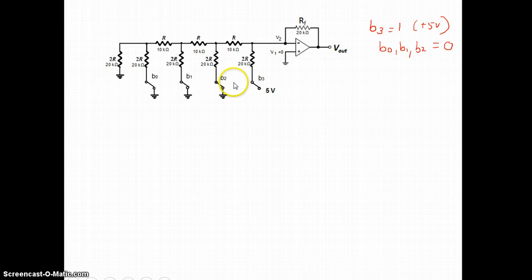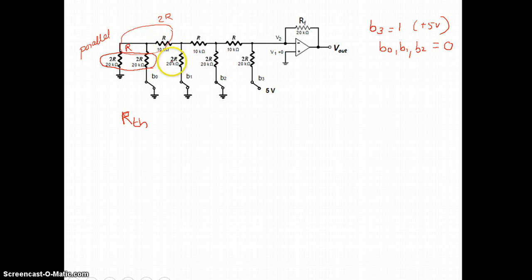Now for getting the output, first we need to Thevenize the circuit. So just find the Thevenin equivalent resistance RTH first. When I take this as ground, this as ground, these two resistances will come as parallel. 2R parallel 2R will be equal to R. Now that R comes in series with this R, again that will be 2R.